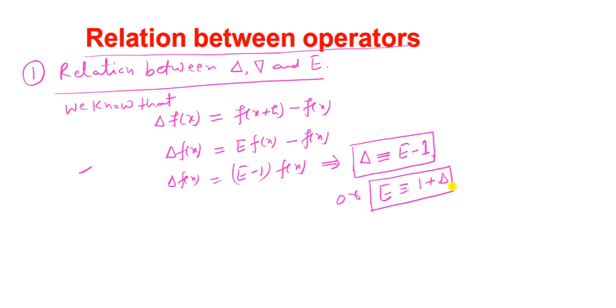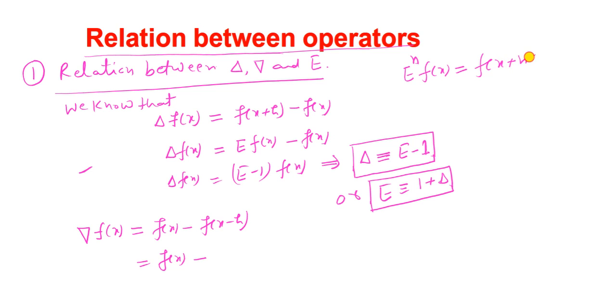And also we know that the backward difference operator del operate on the function f(x), then it will be f(x) minus f(x minus h), and this is equal to f(x) minus, because we know that the E raised to the power n operate on the function f(x) is equal to f(x plus nh), that is if we taking the negative power of shift operator E, then it will be f(x minus nh).